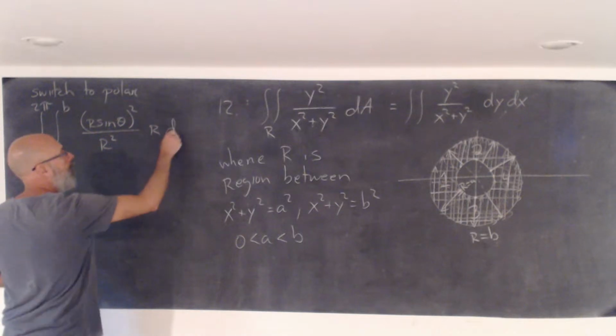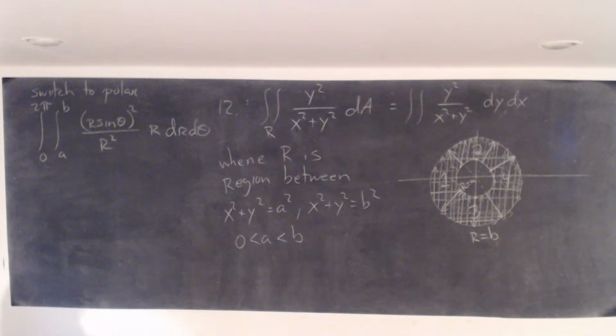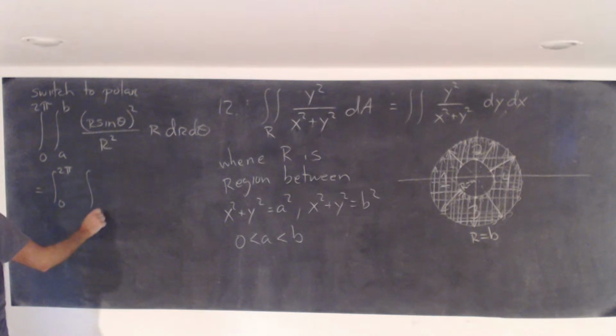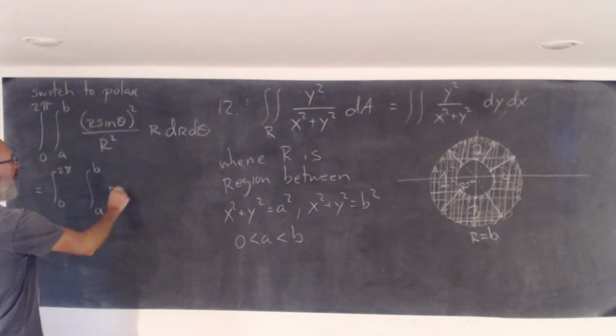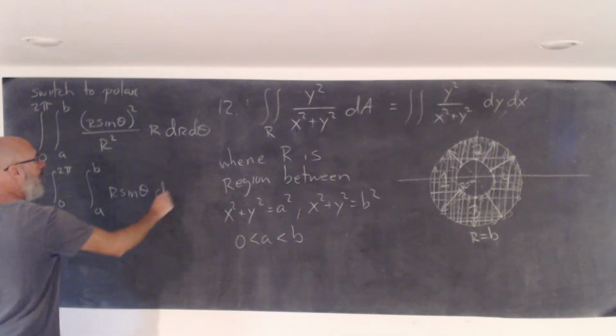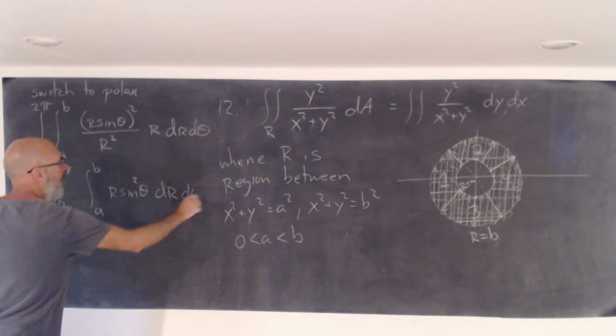Jacobian r dr d theta. This is r squared. These cancel out, and you get r sine squared theta, rather.